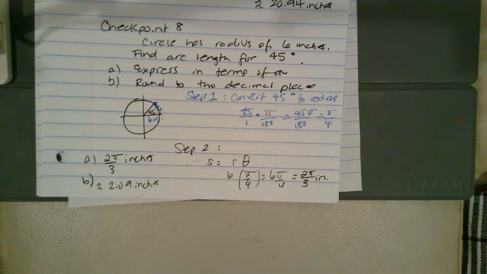The radius is 6. We found theta in radians to be pi over 4. That becomes 6 pi over 4, which reduces to 3 pi over 2 inches. That's our exact answer for part A expressed in terms of pi. And then the B part, use a calculator to convert 3 pi over 2 into approximately 4.71 inches.